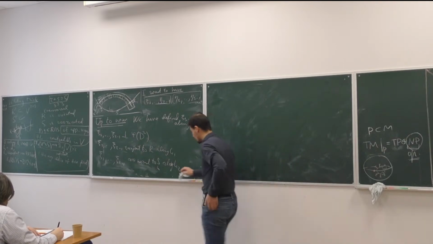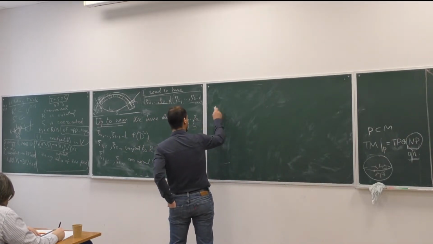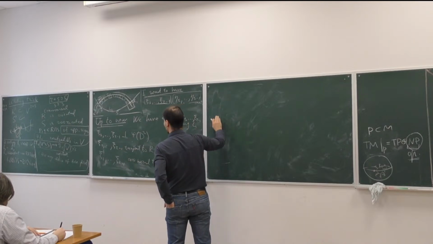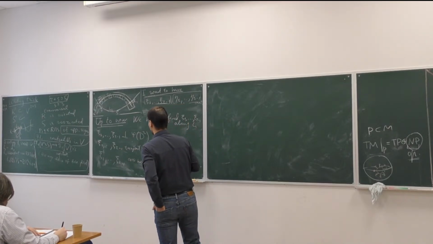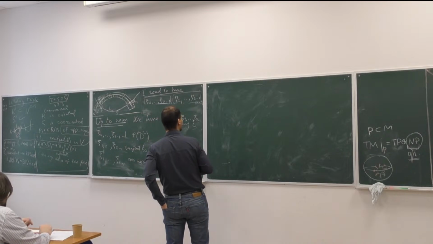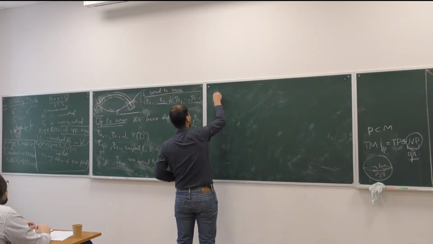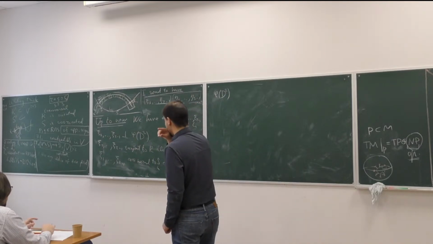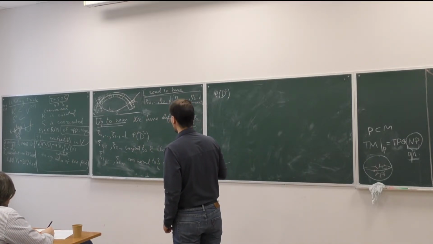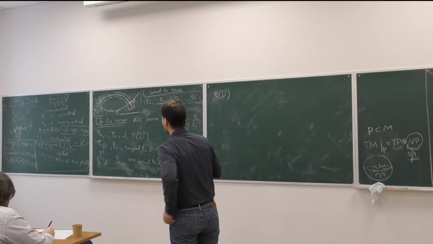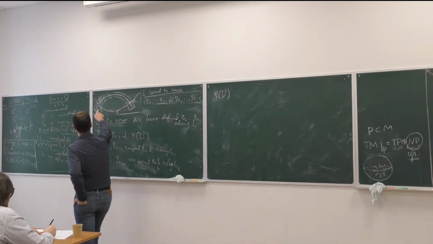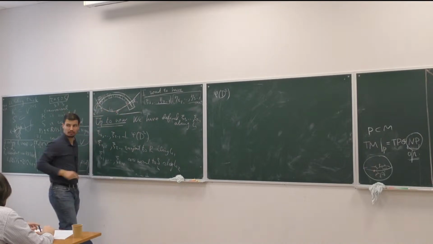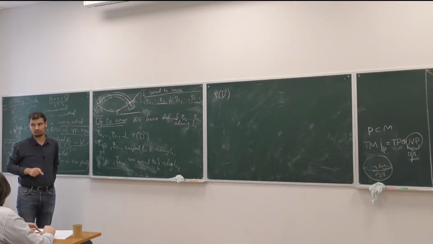Look, the situation is as follows: we have this two-dimensional disk. Let us start with extending the ends along S. What do we want to have along S?